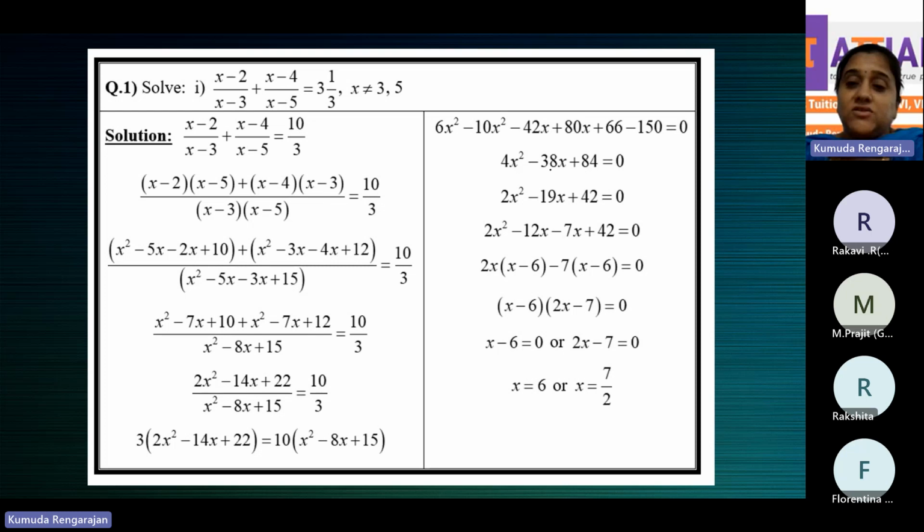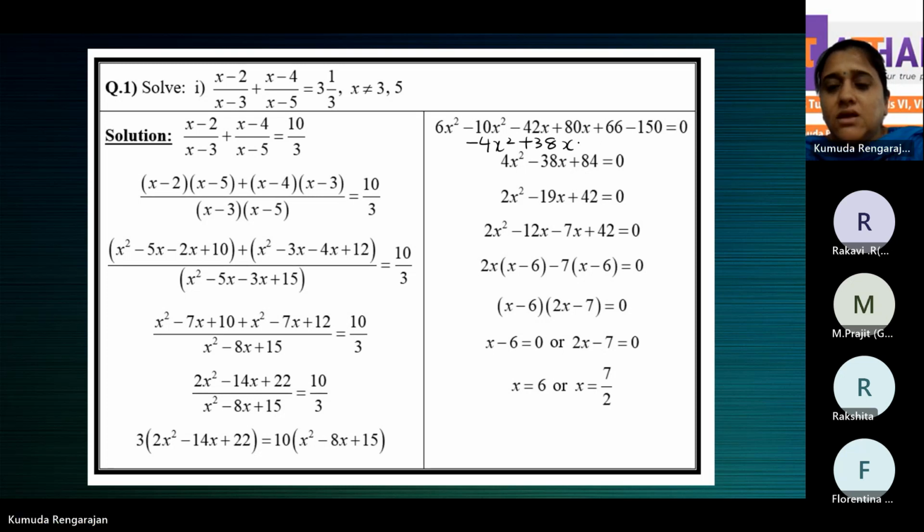Oh, I think I've changed the signs throughout and written the answer directly. I'm sorry. Let me just include this step. So it will be minus 4x square, then plus 38x, minus 84 is equal to 0. I should have included this step. Thank you, Florentina. After this, I've changed the signs throughout. So minus 4x square becomes plus 4x square, plus 38x becomes minus 38x, and minus 84 becomes plus 84.